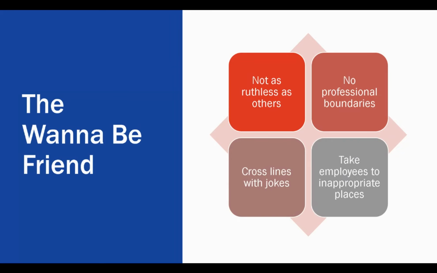They can't distinguish those work and personal boundaries, and you end up being in a friendship that you didn't want, but you feel that you need to participate in so that you can keep your job. You'll hear lame and off-color jokes. You find yourself going to some strange places to eat and or hang out. And you'd like to tell your boss they've crossed a line, but you don't dare.